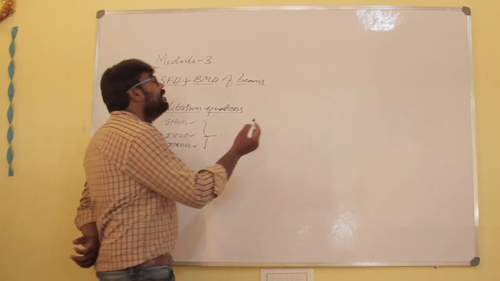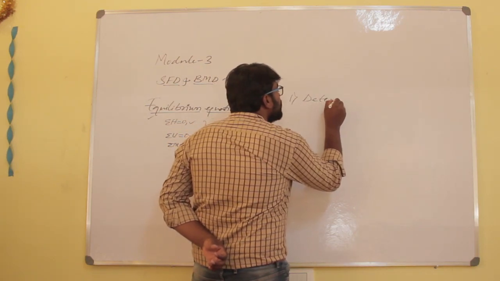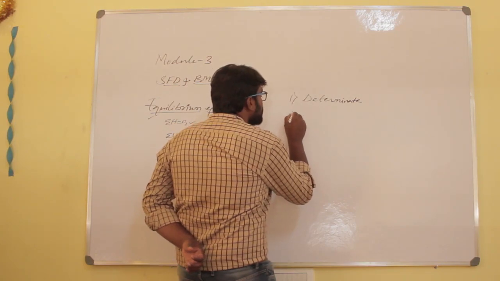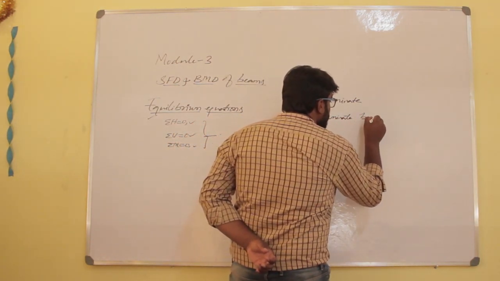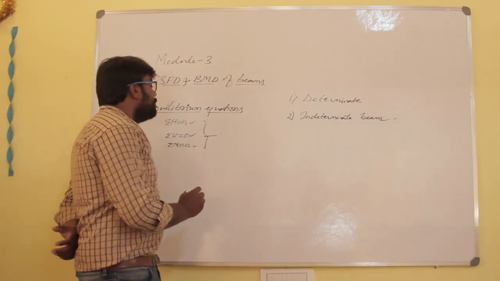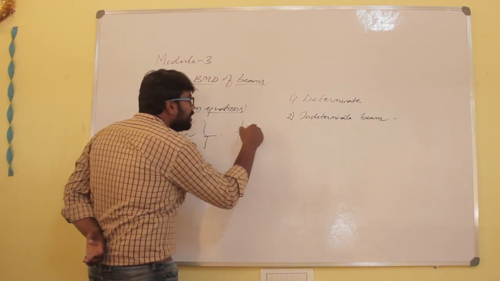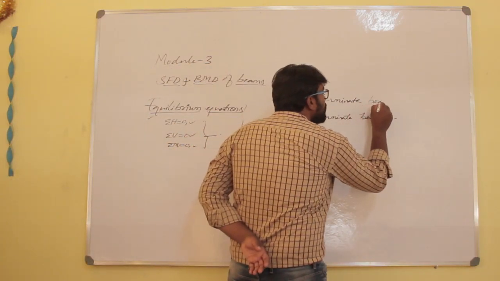Here we have two different types of beams, that is determinate and indeterminate beams. So what are determinate and indeterminate beams? The beams which can be analyzed by using these equilibrium equations alone are called determinate beams.